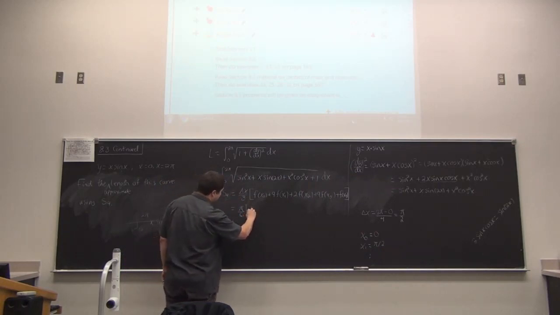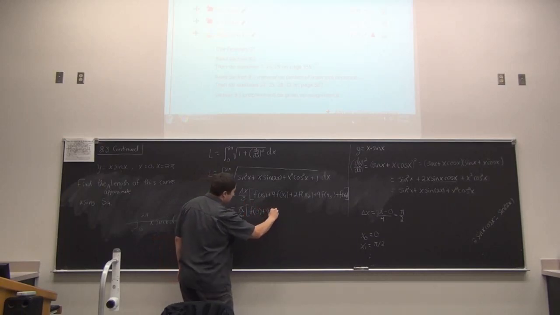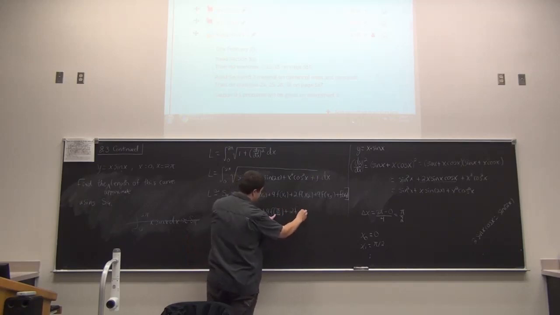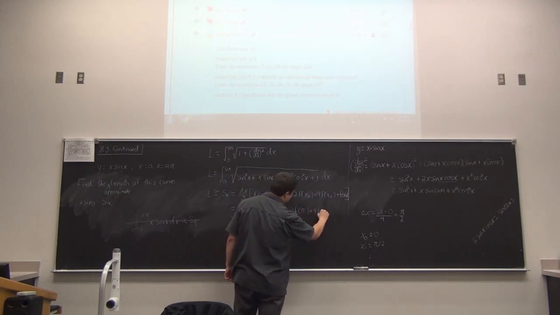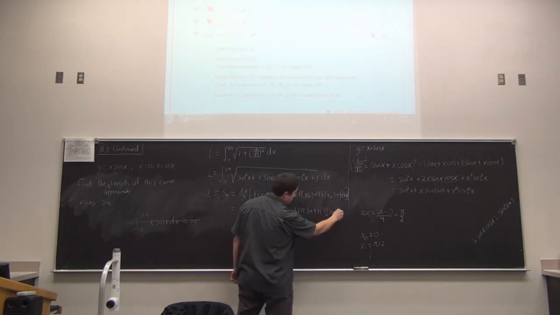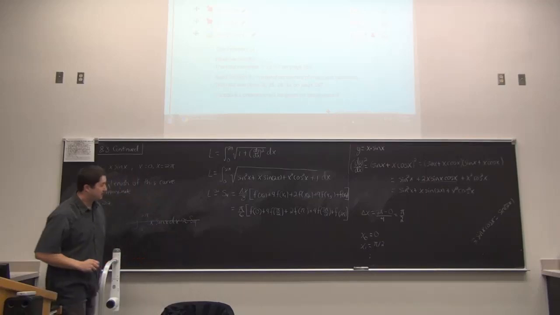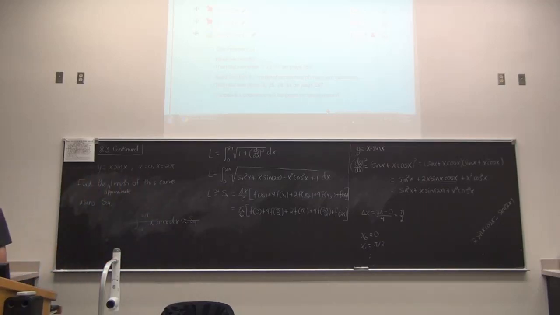Then we can go inside the function and write f of 0 plus 4 f at pi over 2, plus 2 f at, add pi over 2 to this, so we'll get pi, or 2 pi over 2, plus 4 f at 3 pi over 2, plus f at 4 pi over 2, which reduces to 2 pi. So we've got the function evaluations in there. Well, we haven't quite evaluated them, and we can, and a lot of things would simplify, but this is still a tremendous amount of writing.